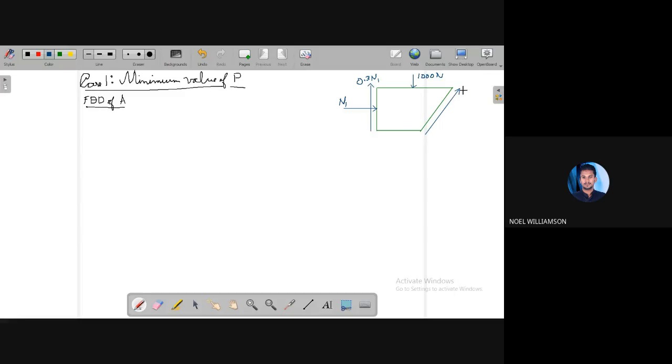So this is 0.2 into N2, because here the normal is N2. We'll take it as N2.